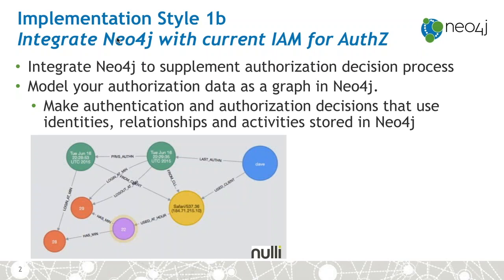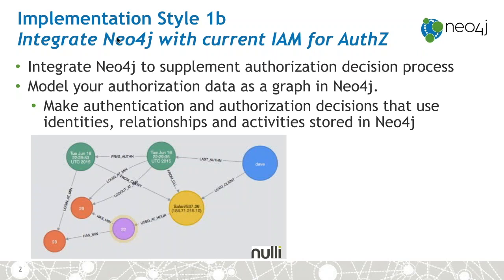In the graph you're seeing at the bottom left, there is a user in blue named Dave. The user logged in through their Safari-based browser at a particular IP address during a specific time, and this graph stores the information about that user's login.